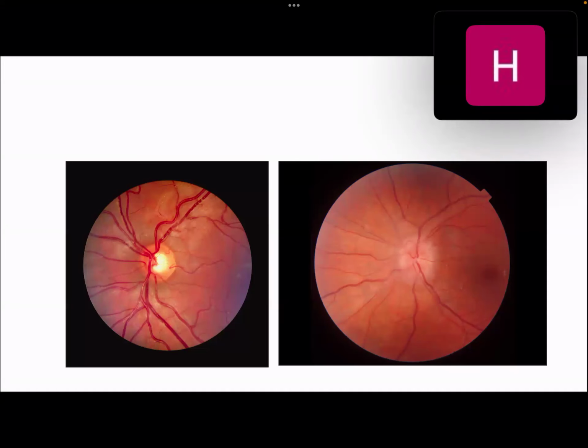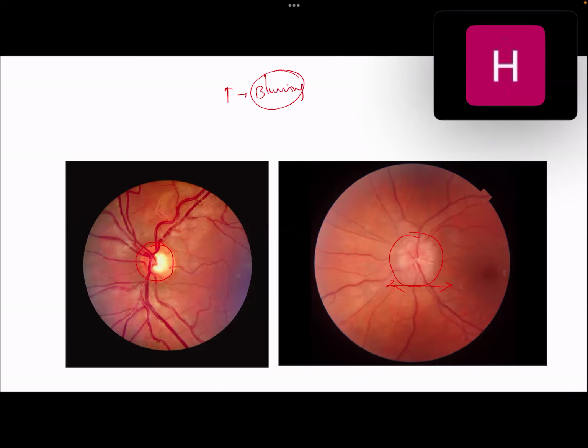Next, classic question. Again, the examiner will tell you that the patient has got an abnormal disc. If it is a normal disc, the examiner wants you to understand what is abnormal disc. This is the patient who has basically got raised intracranial pressure. If there is raised intracranial pressure, there will be blurring of vision.